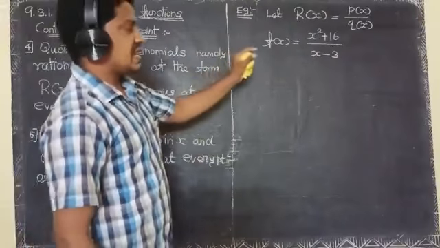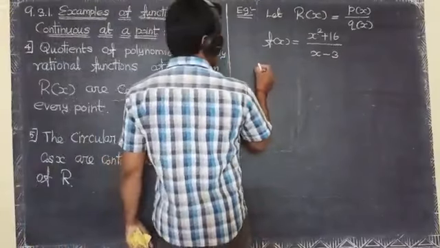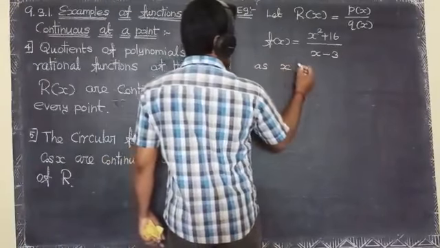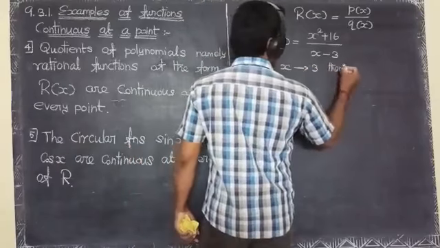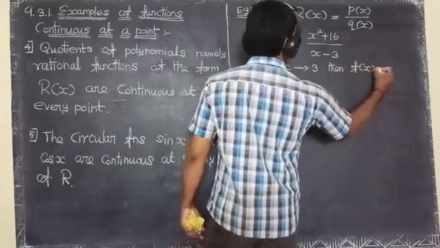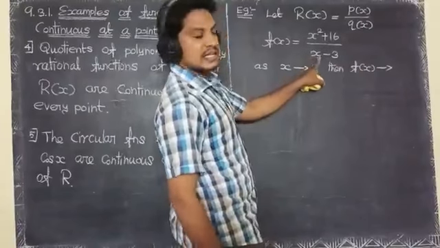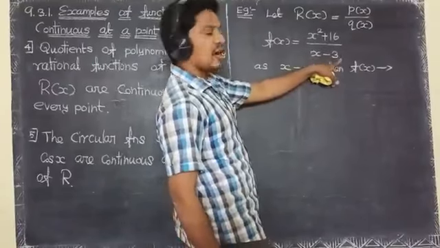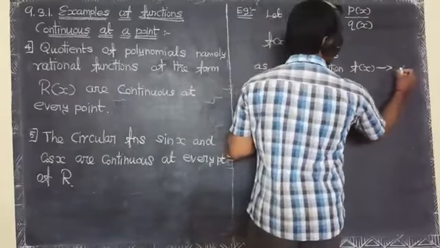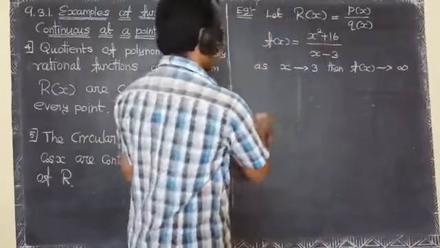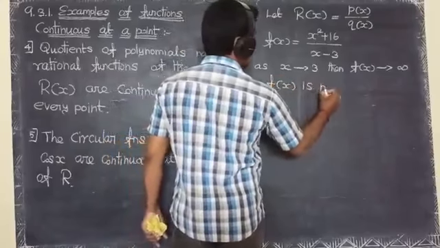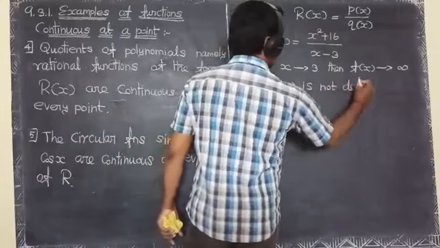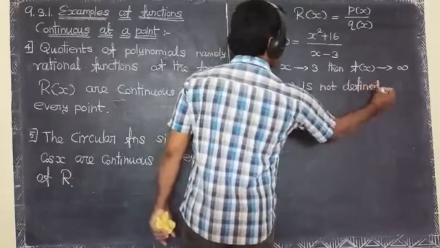Here, replacing x with 3, the denominator 3 minus 3 is 0, and a denominator of 0 means f of x goes to infinity. Therefore f of x is not defined there.